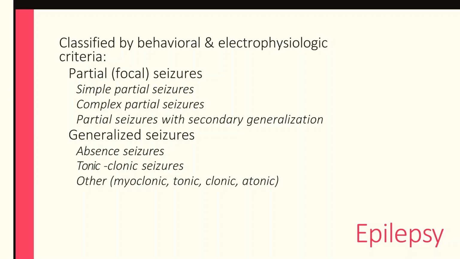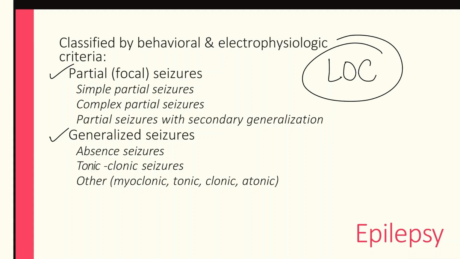So we classify seizures based off of the symptoms they're having and what's going on physiologically with the brain. We have two types: partial and generalized. The key thing is loss of consciousness. People with a generalized seizure will have full loss of consciousness.